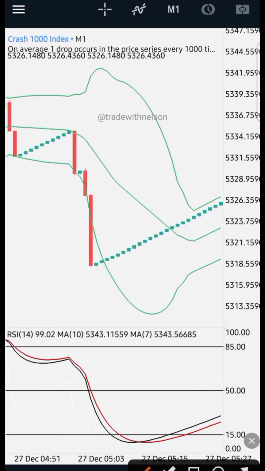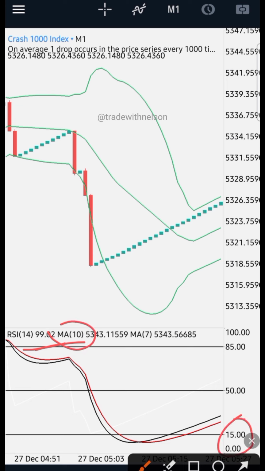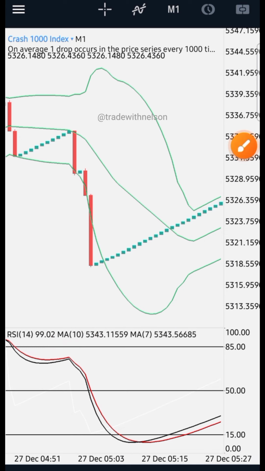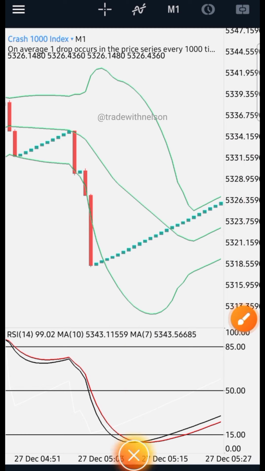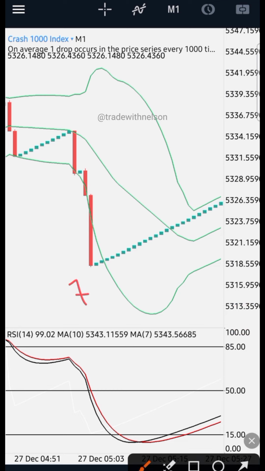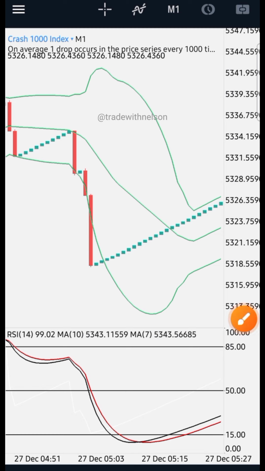We come to our RSI and we look for the MA to go below the 15 level. As you can see over here, this is below the 15 level. So then we wait for a cross in between them. We see the cross between the 7 and the 10 EMA of the indicator, and once we have that, it's indicating to us that the market will now change trend.